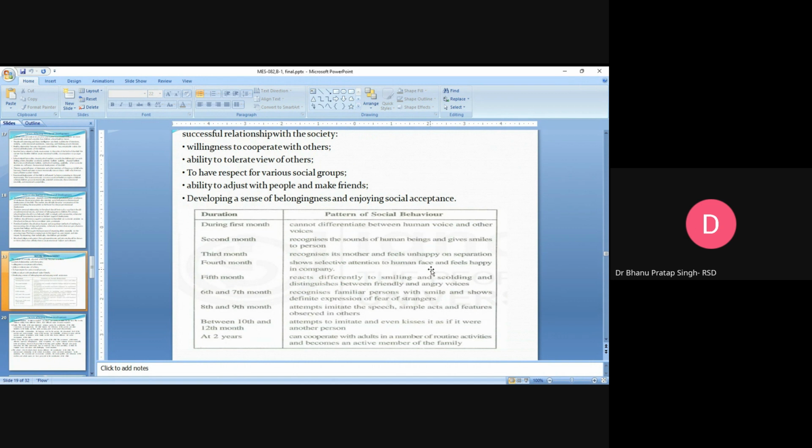Between 10 to 12 months, attempts to imitate and even kisses as if it were another person, and at the age of 2 can cooperate with adults in a number of routine activities and become an active member of the family. So these are the stages in the social development of the child.